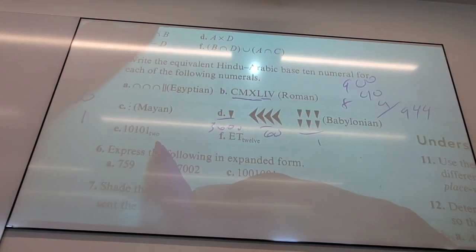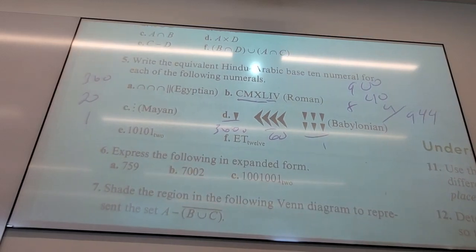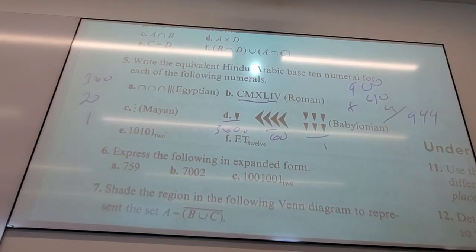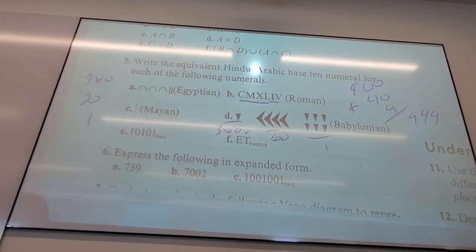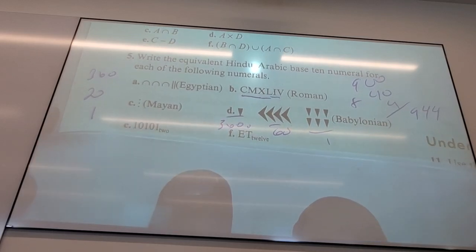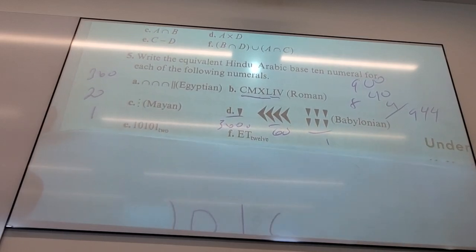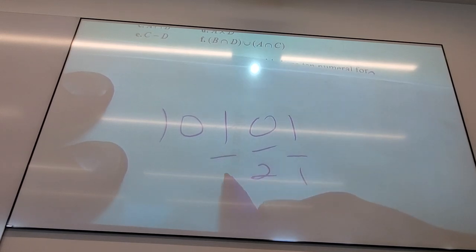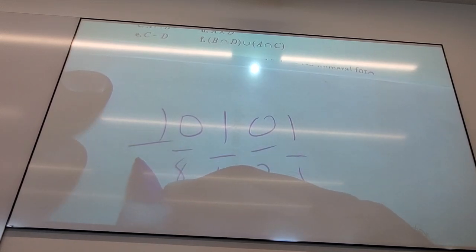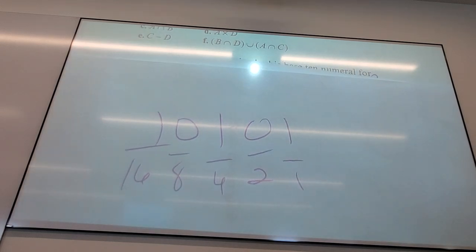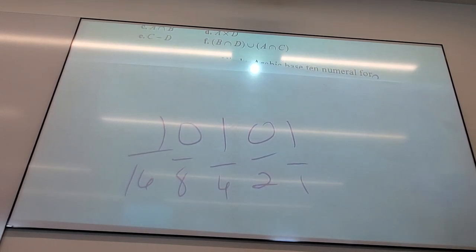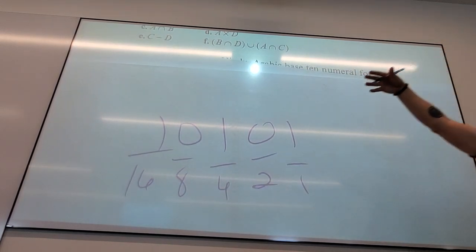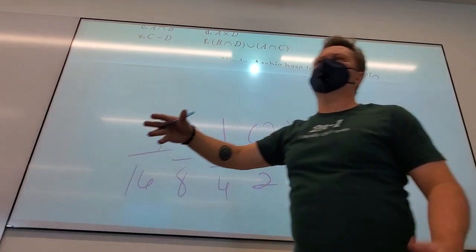Base 2, yes. So how big are the places? Yeah, this is 1s, 2s, 4s, 8s, 16s. You just keep multiplying by 2, right? So now you just need 16 plus 4 plus 1. Yes? You gotta love this.